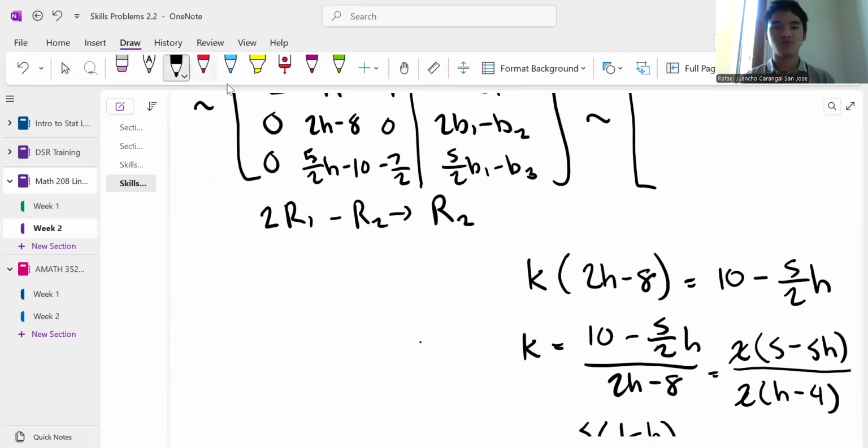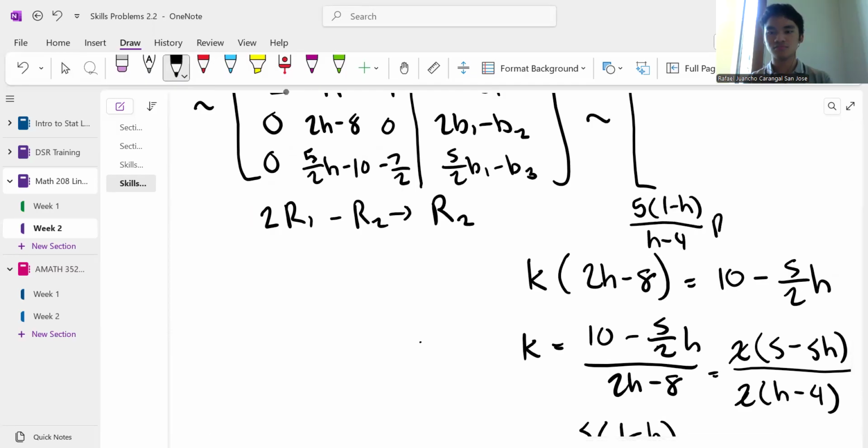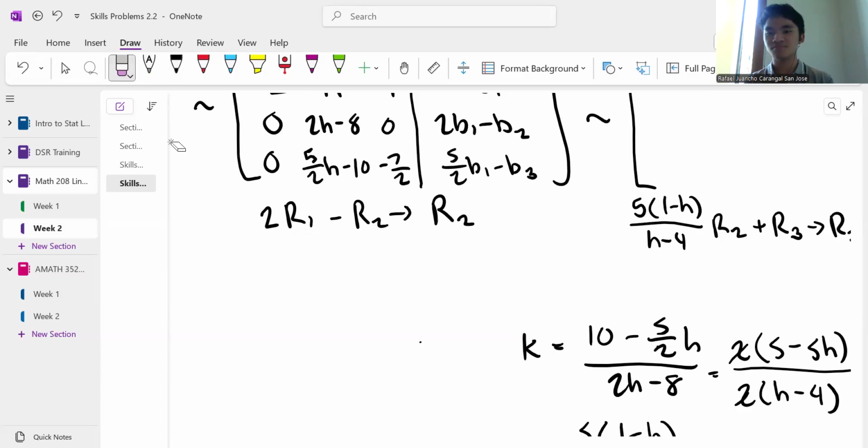I multiply this to row 2. That should give me 10 minus 5/2 H. Then I add it to row 3. That should give me it.